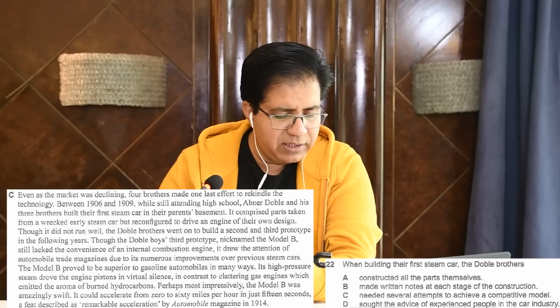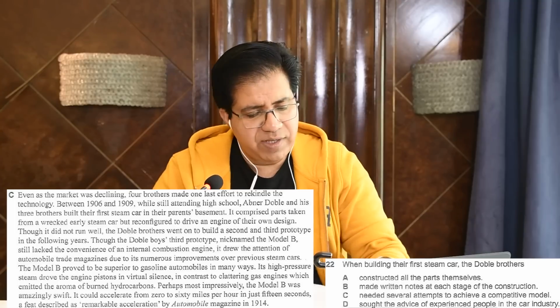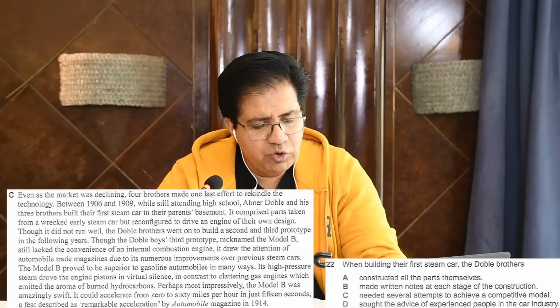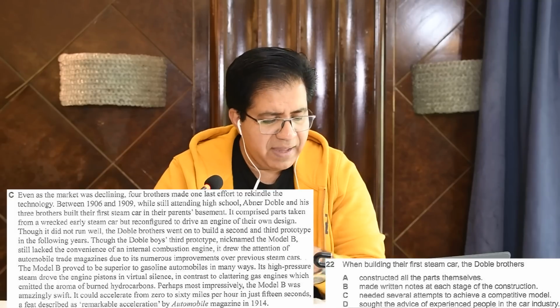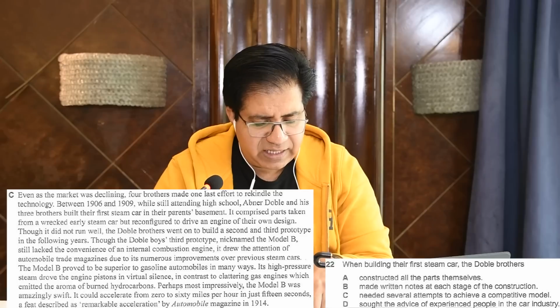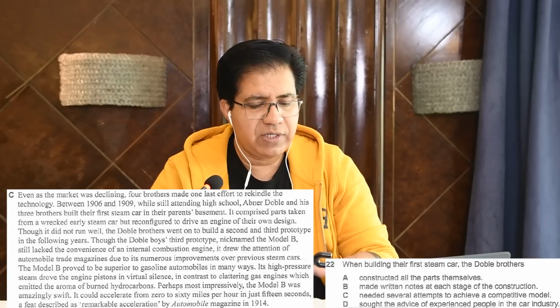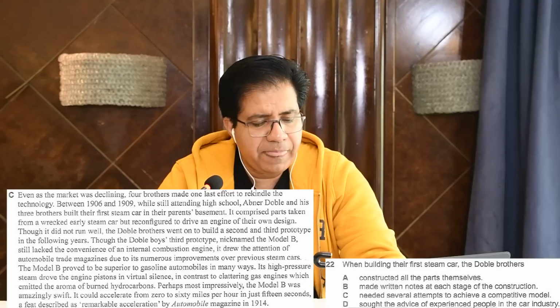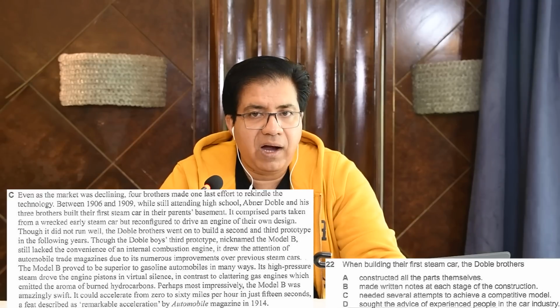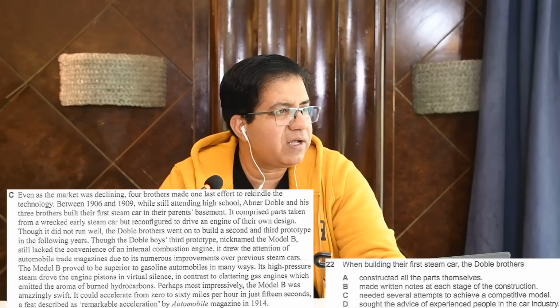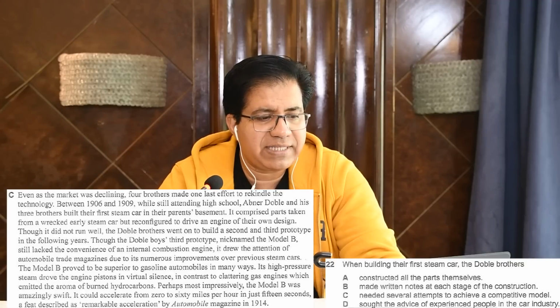Now let's go back. We just see what the question is. When building their first steam car, the Double brothers made this, just focus on this line, their second and third prototype in the following years. Now let's come back. Option A, constructed all the parts themselves. Have they talked about spare parts of the car, or that they constructed everything themselves or not?